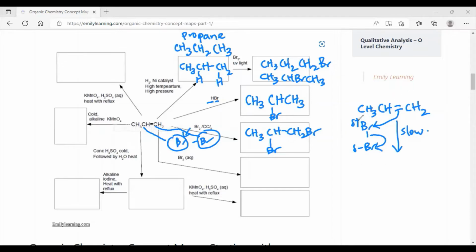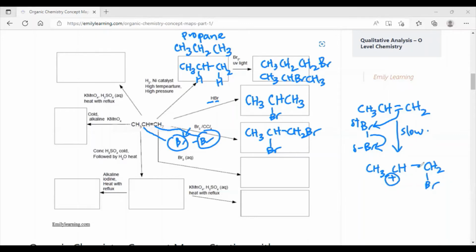So the Br that is closer to the C=C double bond will get a delta plus sign, while the Br that is further away will get a delta minus sign. And this Br delta plus acts as an electrophile and reacts with your propene or your alkene in the slow step of this electrophilic addition reaction. And you will form this carbocation.